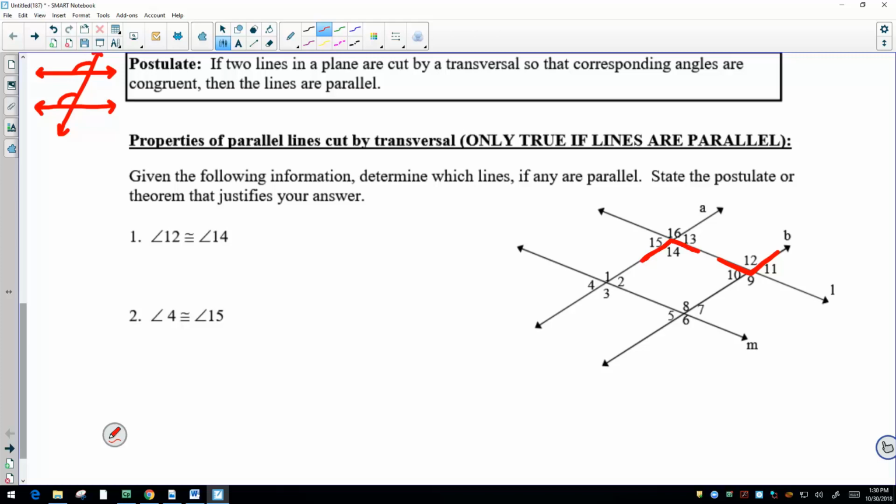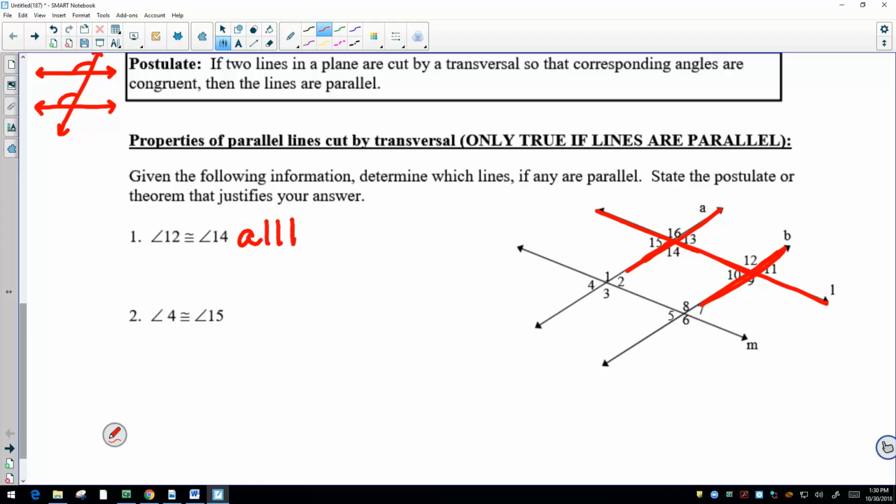When I trace out that angle, I see I'm highlighting 2 lines, line L again and line A. So that should help clue you into which lines are parallel. The one that we've traced out twice, that becomes the transversal. The other ones that we've only touched once, line A and line B, those become the parallel lines.